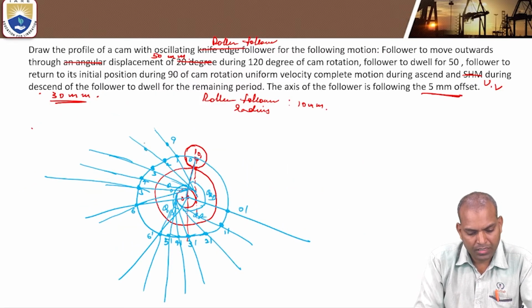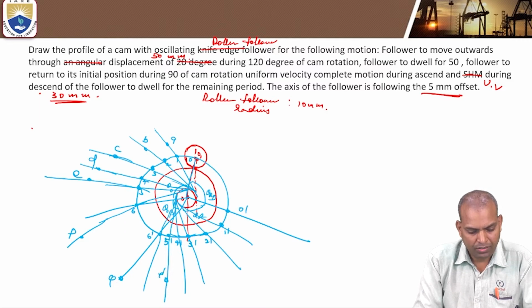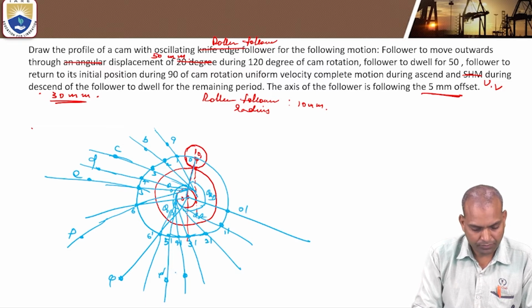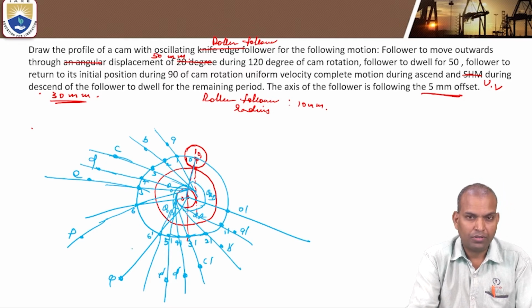This is A, it is B, 3 to C, 4 to D, 5 to E, 6 to P, 6 dash to Q, 5 dash to E dash, 4 dash to D dash, C dash, B dash, that is A dash. These are the distances that came from the displacement diagram. These are the centers of the roller.